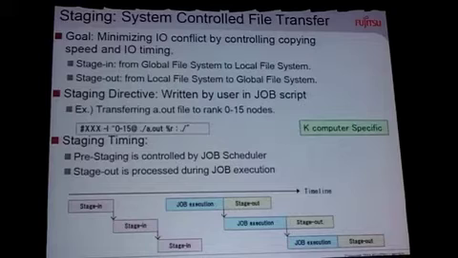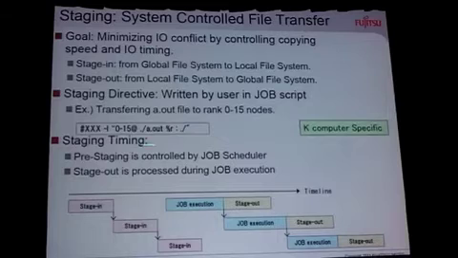And the user of our system specifies the files to stage in and stage out, for example using a directive. For example, transferring an A.4 file to rank 0-15 nodes like this. These are computer-specific directives.